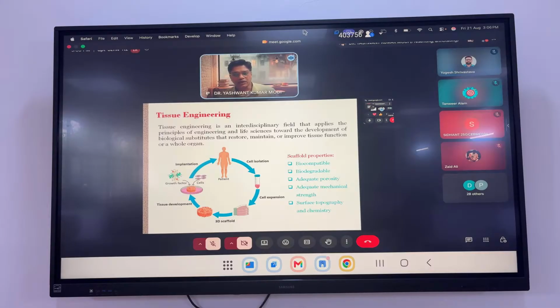If they are biodegradable, then they will degrade over time, within a span of 6 to 12 months, and naturally come out of the body through the patient's urine, etc. If it is non-biodegradable, meaning if it is a metallic item, then it remains there inside the body, but in both cases it should be biocompatible.